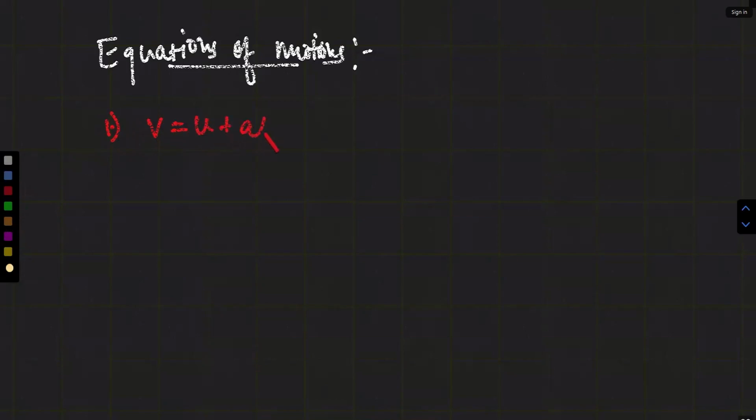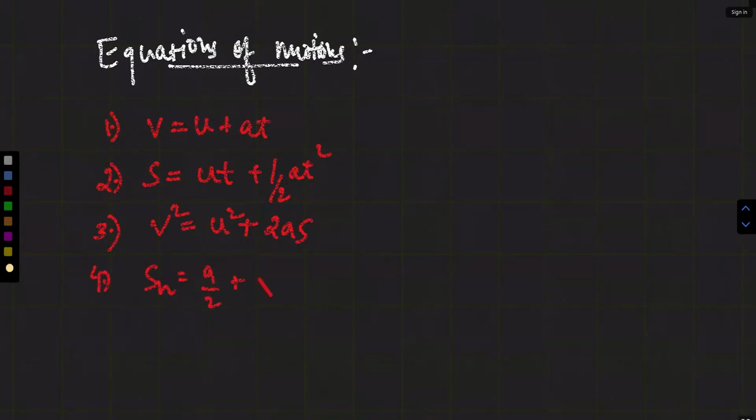The second one is s is equal to ut plus half at square. The third one is v square is equal to u square plus 2as. The fourth one is Sn is equal to u plus a by 2 into 2n minus 1. These are the four equations.